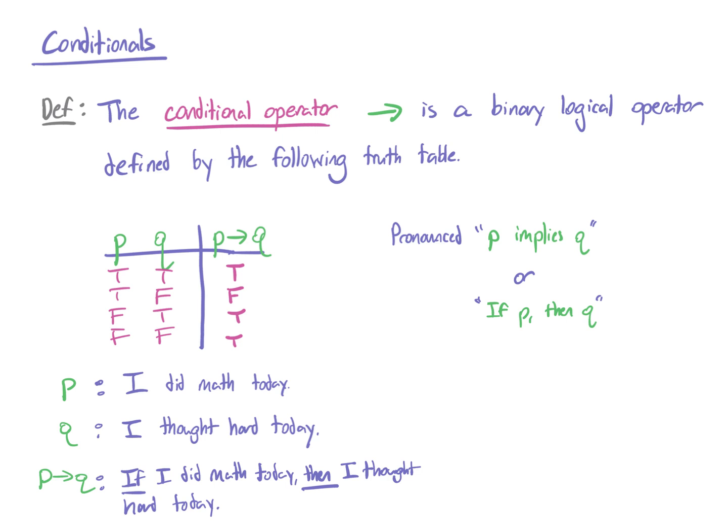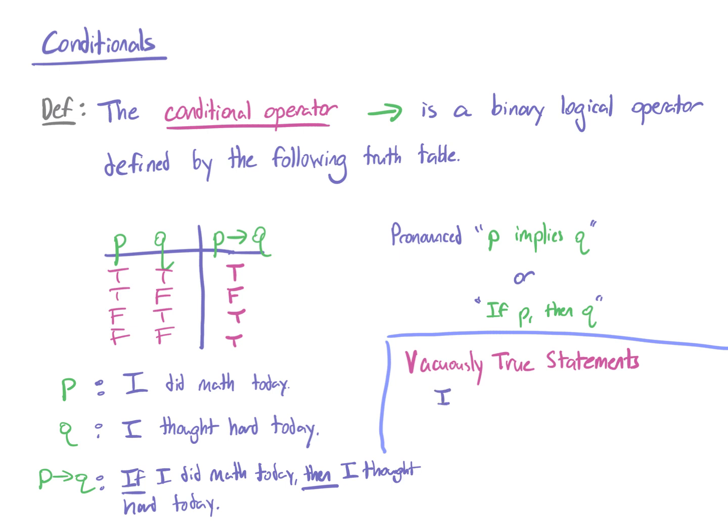Now, an important and kind of counterintuitive aspect is that this implication, this conditional operator, is actually true in some scenarios we might not expect. Specifically, these bottom scenarios, when P is false. If P is false, it does not matter at all what the truth value of Q is. This is called vacuously true statements. So here's the key idea.